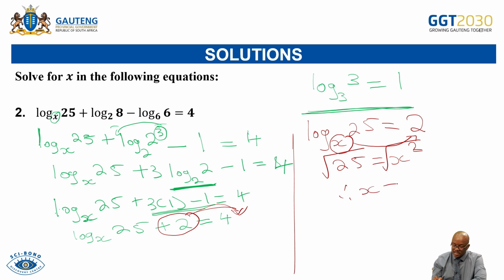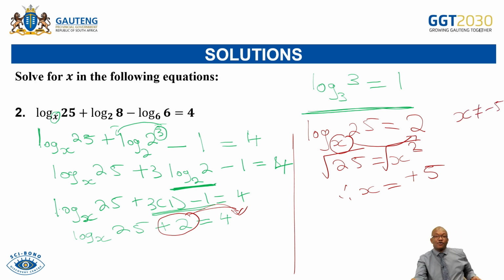Then x will be plus 5. Remember, it can be negative 5 because obviously you're going to have plus minus 5. But remember the base, they said that the base can only be greater than 0, correct? So that is 5. That's how you solve that one there. So we move forward now.